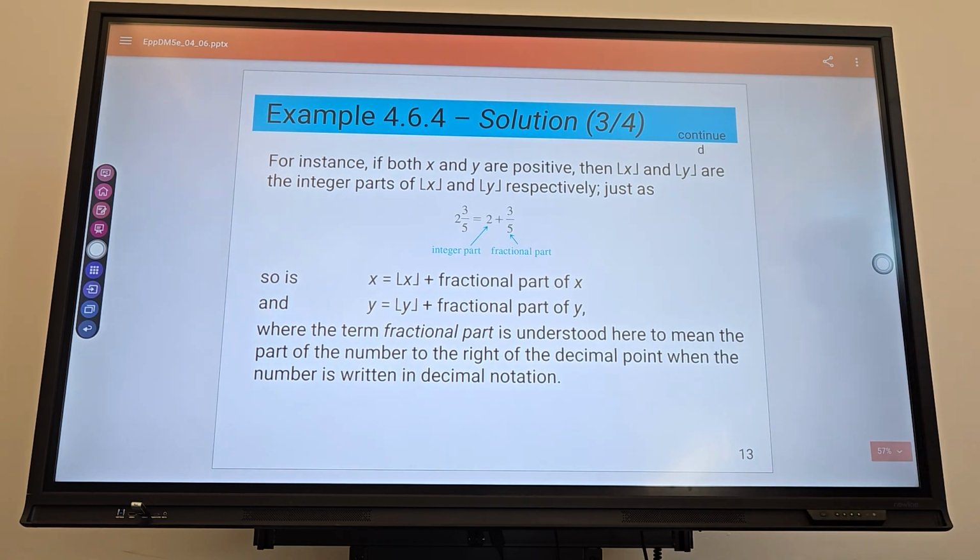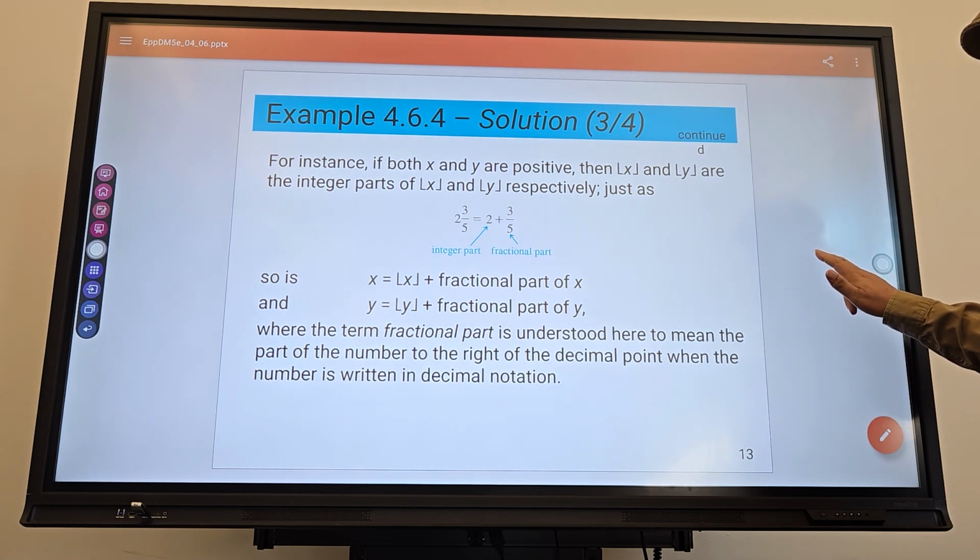For instance, if both x and y are positive, then floor of x and the floor of y are the integer parts of x and y respectively. So x is the fractional part of x plus the floor of x. Y is the floor of y plus the fractional part of y. The fractional part being the part of the number that's to the right of the decimal point.